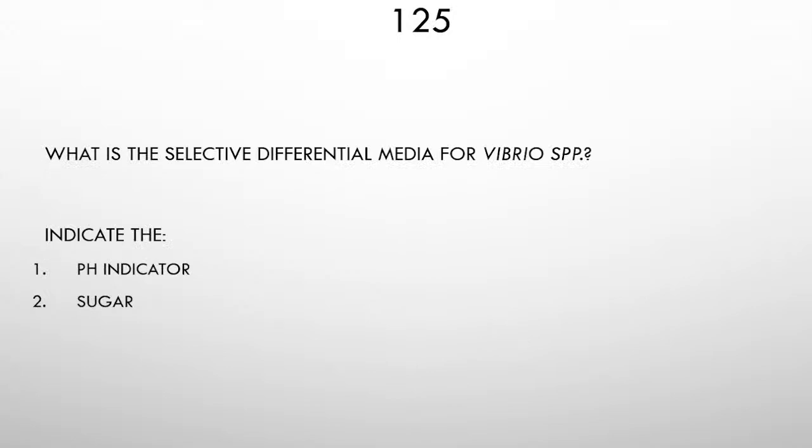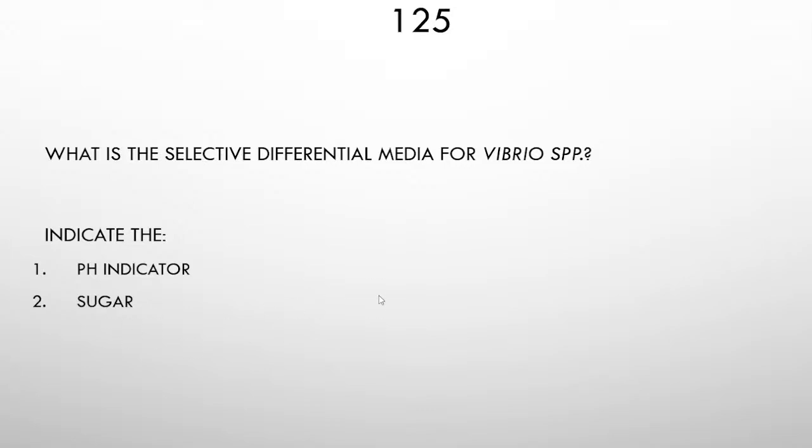Now, selective differential media for Vibrio species. I've already mentioned it: thiosulfate citrate bile salt sucrose, or TCBS. The pH indicator is your bromthymol blue. Sir, bakit kasi nung nag-intern ako, color green siya? Well, bromthymol blue is actually green in an alkaline environment. However, when your organism is present, it will become blue.